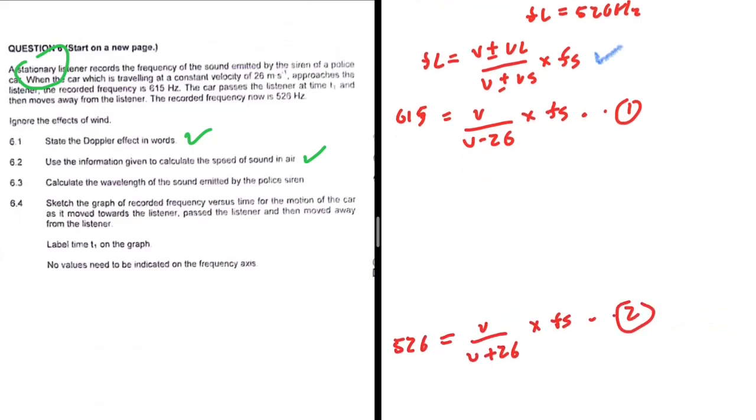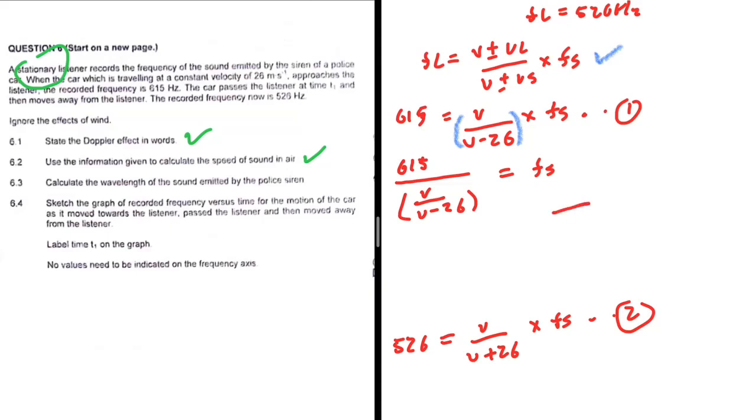So with equation 1, we're going to say 615 divided by V over (V minus 26) equals Fs. We're just dividing everything by the coefficient of Fs. But we can switch that division into a multiplication, right?